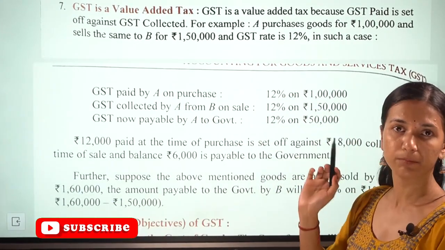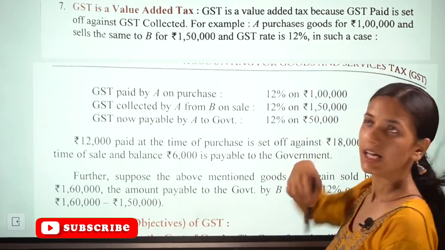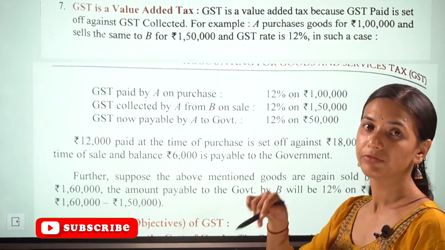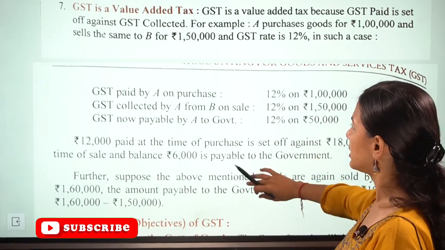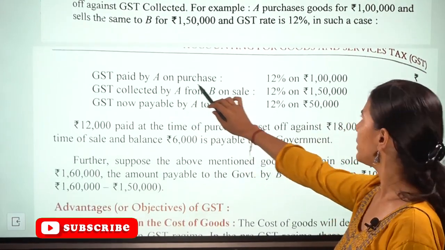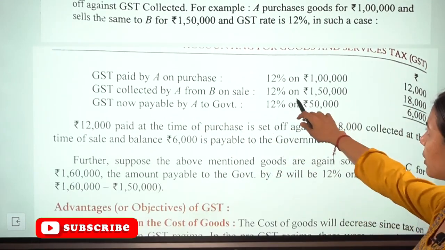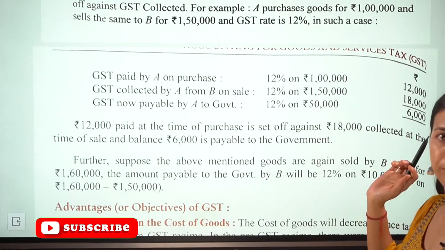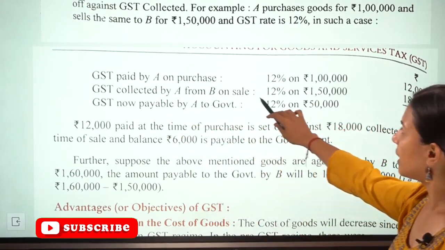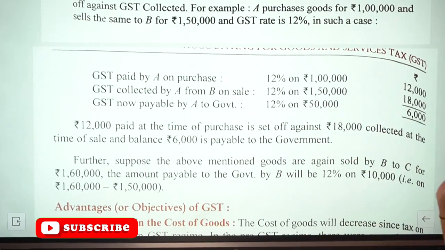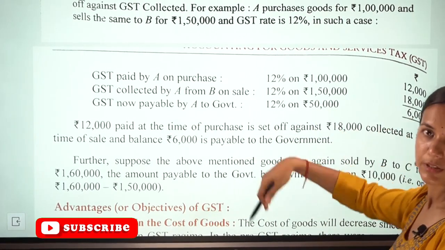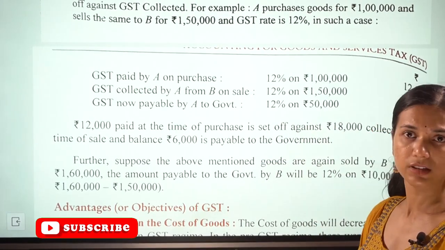GST rate is 12%. That means on 1 lakh he has paid 12% and on 1,50,000 he will be receiving 12%. So let's see. GST paid by A on purchase is 12% on 1 lakh, that is 12,000. Next, GST collected by A from B on sale is on 1,50,000. Now 12% of 1,50,000 is 18,000.